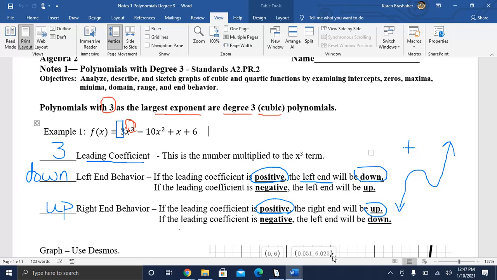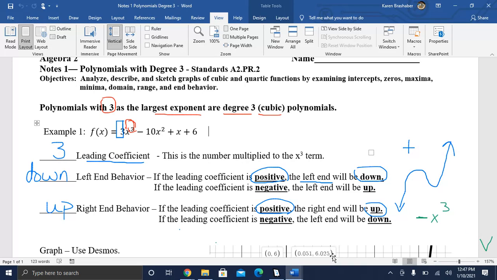Since I only have one example to show you, I will just talk to you about what happens if it's negative. So if you have a negative leading coefficient, so the number in front of your x to the third would be negative something, like negative x to the third, then the left side will start up, and then it will do some curving, and then will move down.